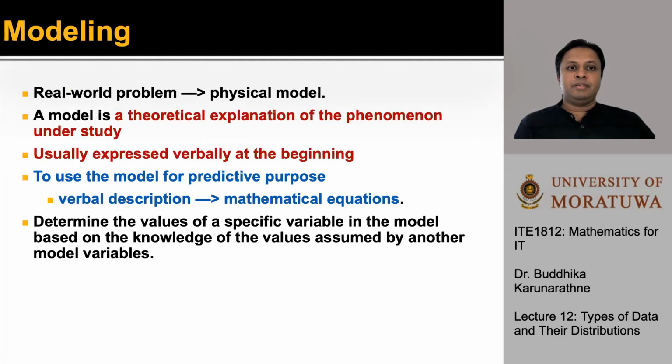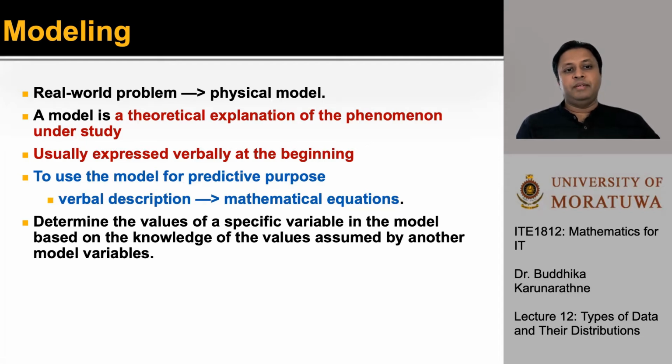So let's first look at what we mean by modeling. We are given a real world problem, and it should be represented in a physical model. So what do we mean by a model? It's a theoretical explanation of the phenomenon under study.